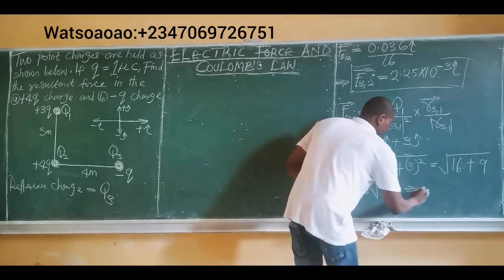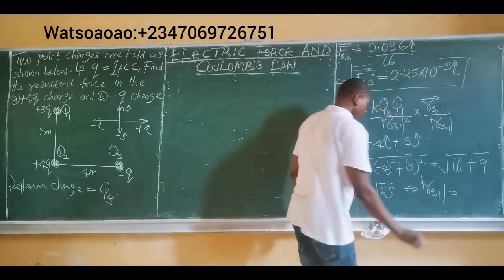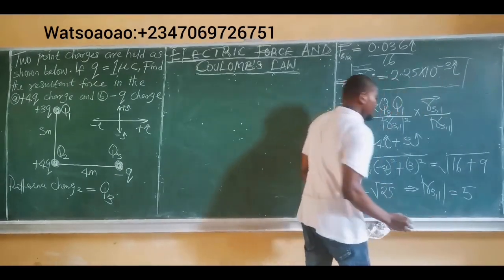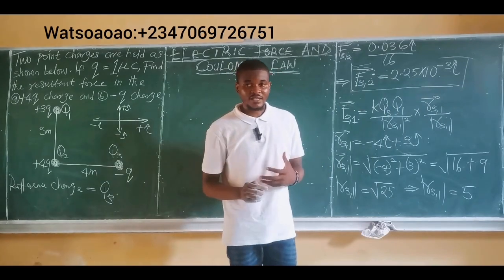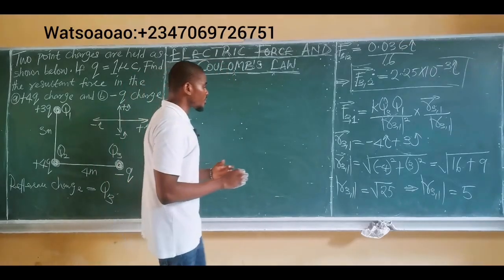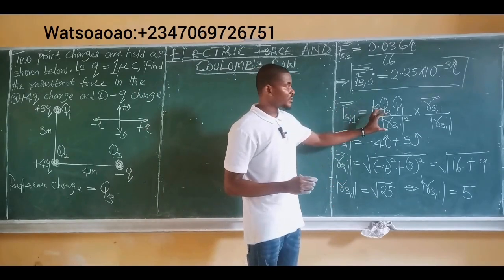This simply implies that the magnitude of the position vector between charge 3 and 1 is the square root of 25, which equals 5. So this is the magnitude of the position vector between charge 3 and charge 1. Having found this, you simply plug everything into the equation.